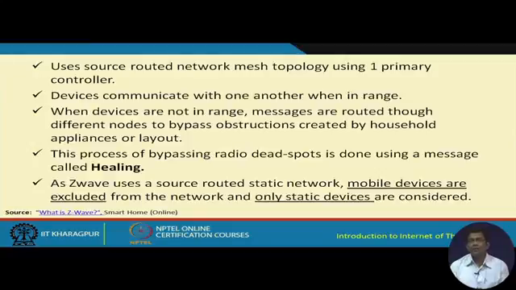This is very important because there are so many physical obstructions in the home, like walls between different rooms. So, these different nodes act as gateways or relay nodes to facilitate communication between these remote Z-Wave nodes that are not within the direct transmission range of the controller.